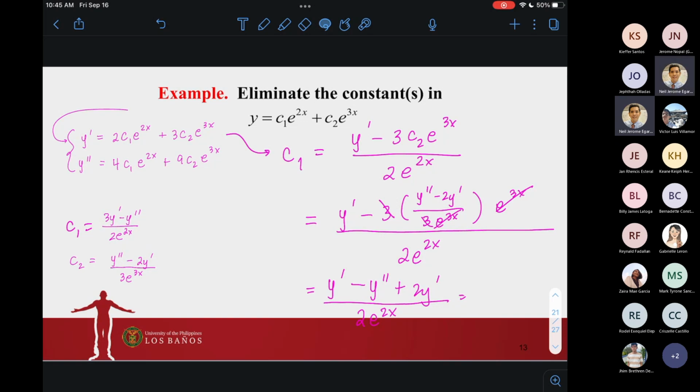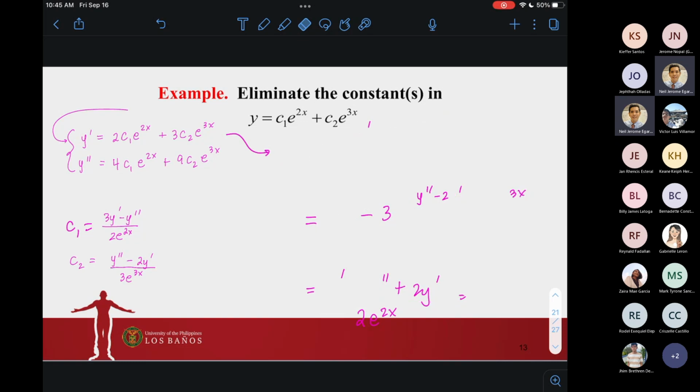Then now, I'll complete the picture. I know what the values of C1 and C2 are with respect to the derivatives and the ones involving the independent variable x. So I can go back to the original equation and use these values.